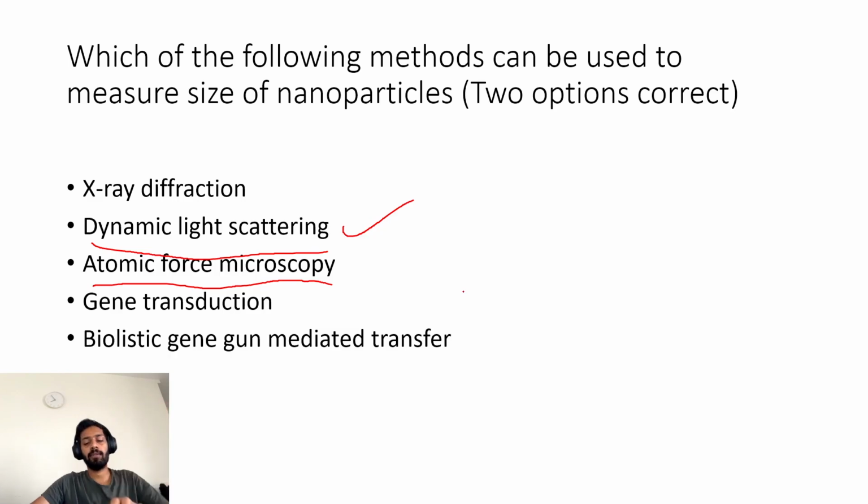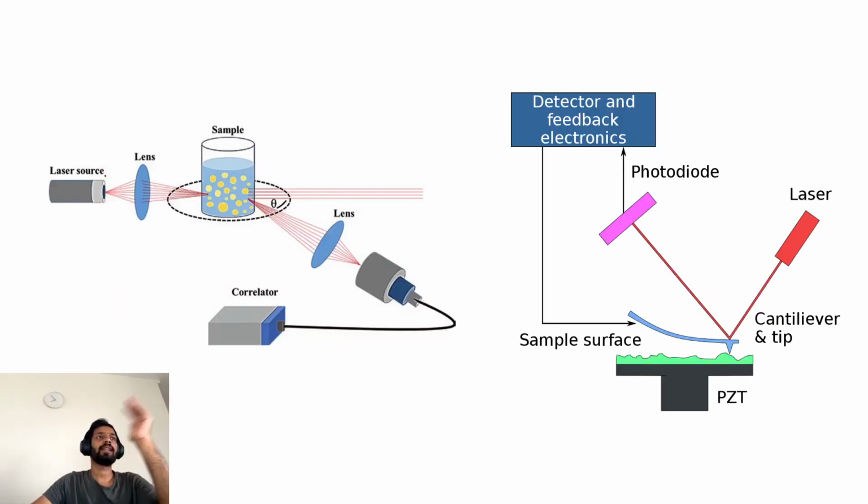So what is dynamic light scattering, right? Basically you have a laser source and a lens that condenses this laser source into a very thin beam. If you place your sample, there is some amount of light that's scattered once the light beam hits the particles. This amount of scattering, this theta, depends on the size of the particle.